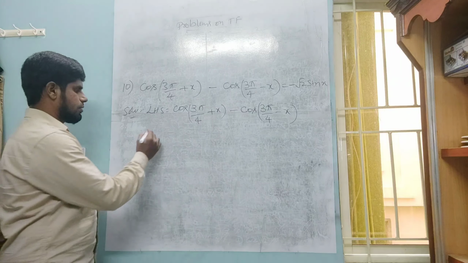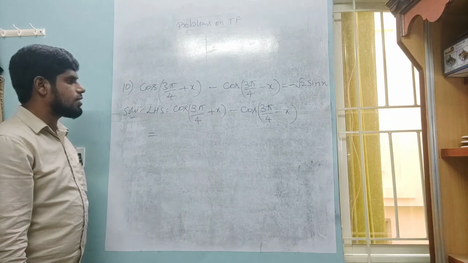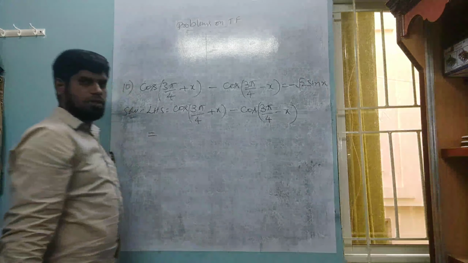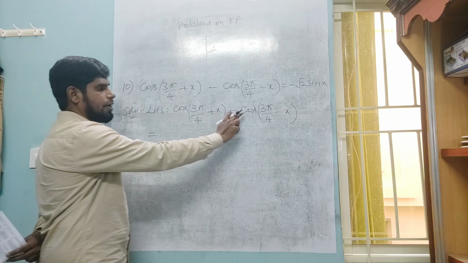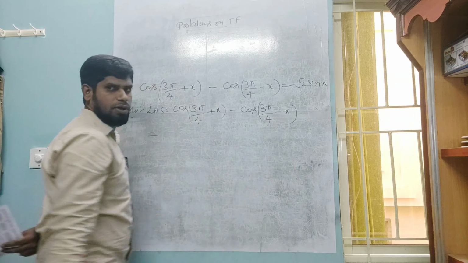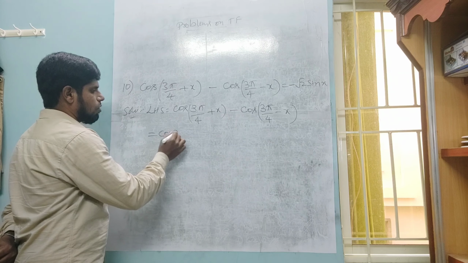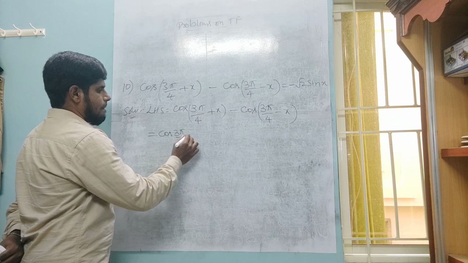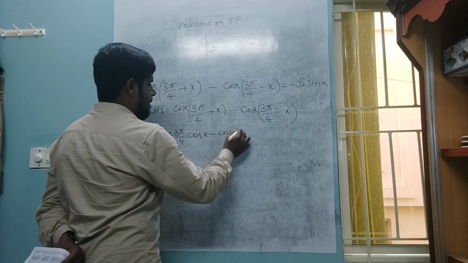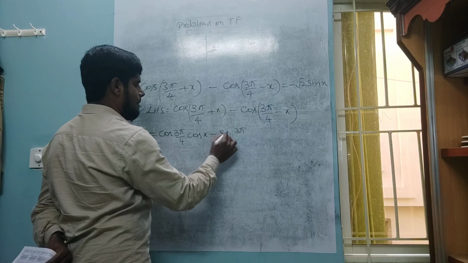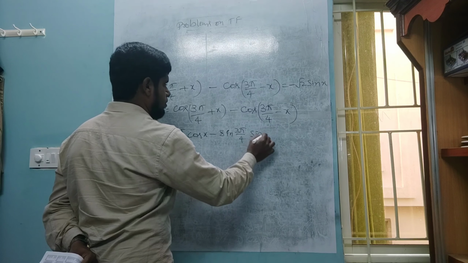Now after that, student, let us directly expand these terms. We'll expand these two terms with the help of the cos(x + y) formula, and here the cos(x − y) formula. So what is cos(x + y)? It is cos x into cos y minus sin x into sin y.